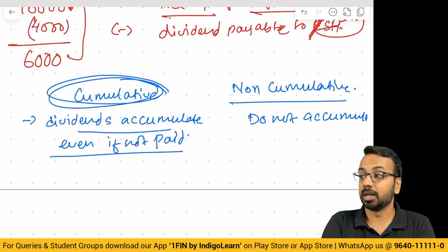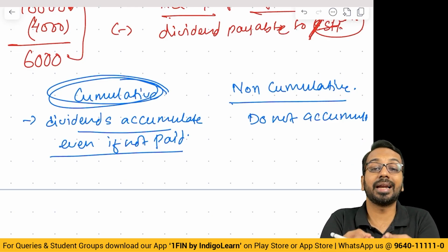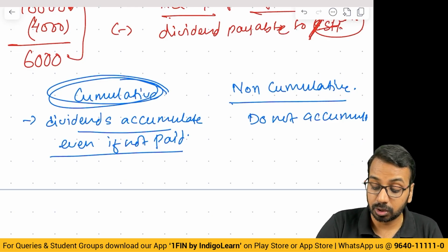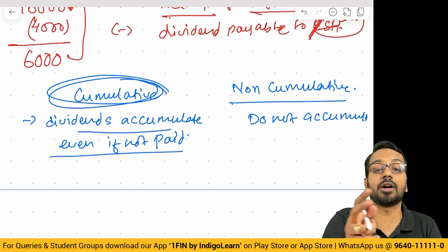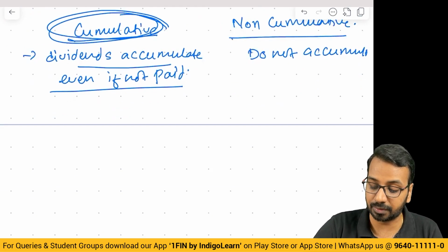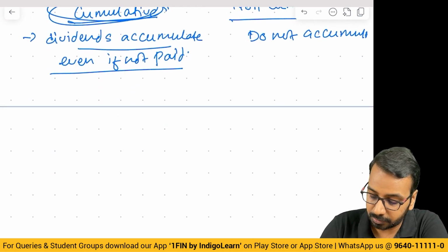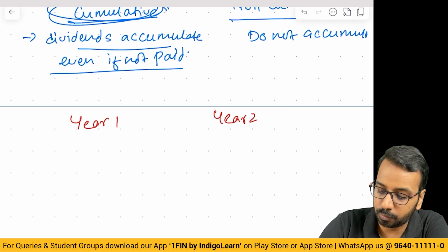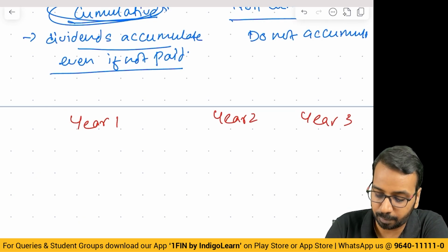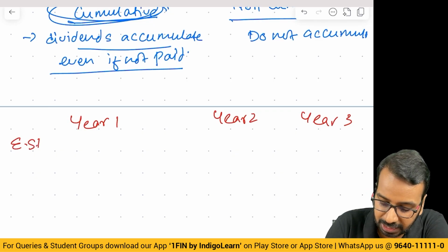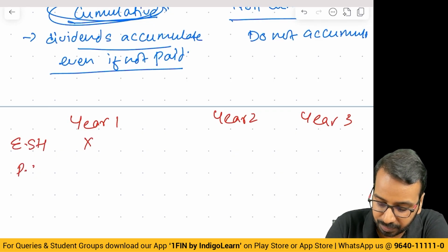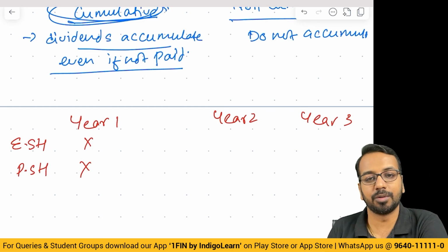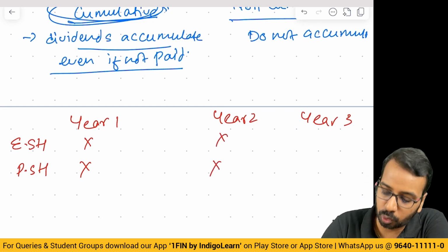So, for example, the company has not declared dividend, but in the future, for the past years, you have to pay. That is what is called cumulative. For example, year 1, year 2, year 3. Year 1, for equity shareholders, no dividend was paid. For preference shareholders also, no dividend was paid. In year 2, no dividend was paid.